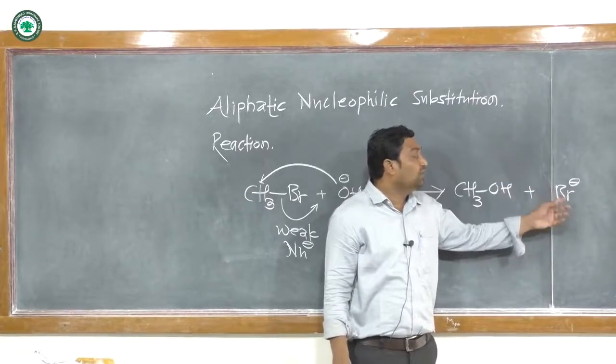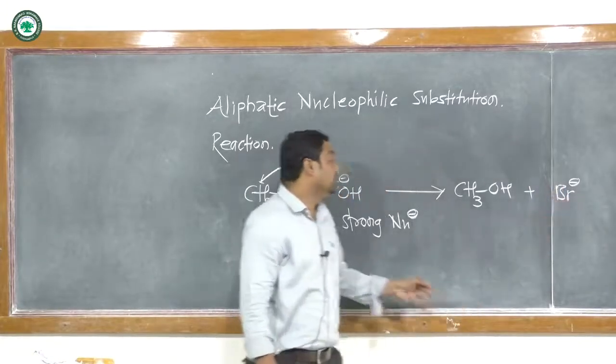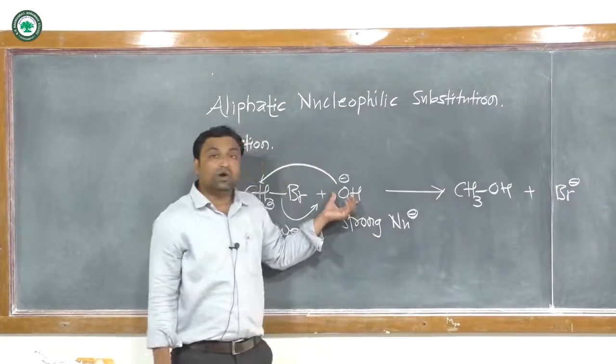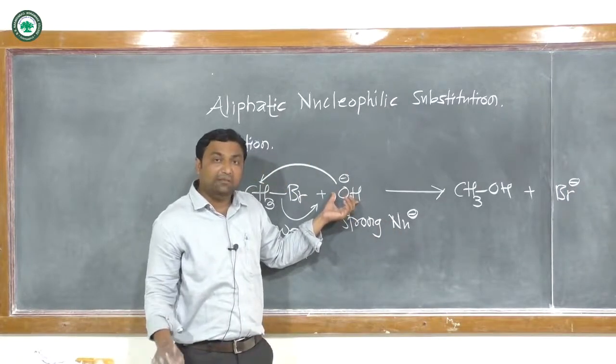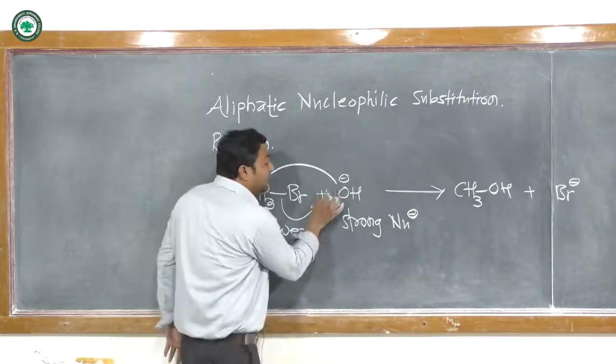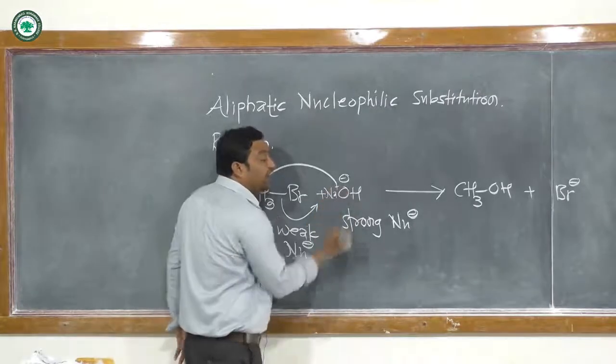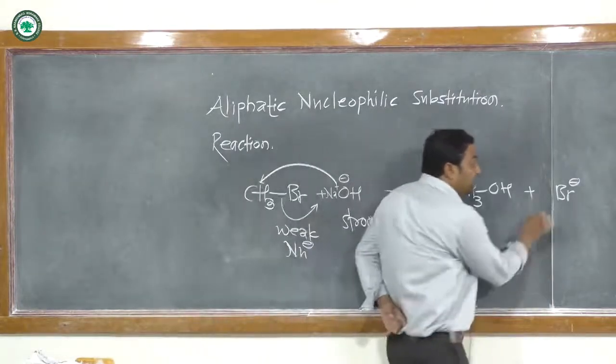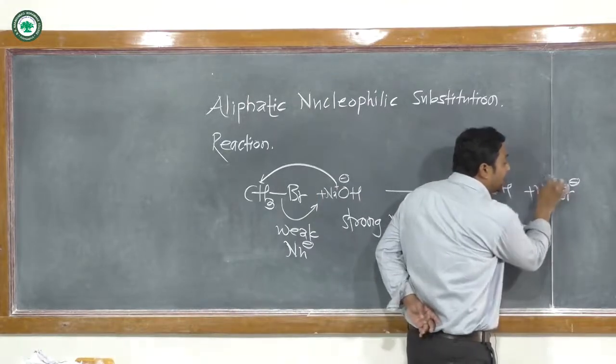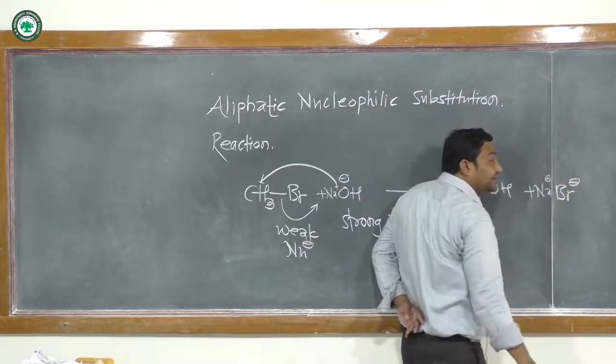I show Br negative because we cannot use the counter ion here. If I use Na positive, that is NaOH, then we obtain NaBr, that is Na positive Br negative.